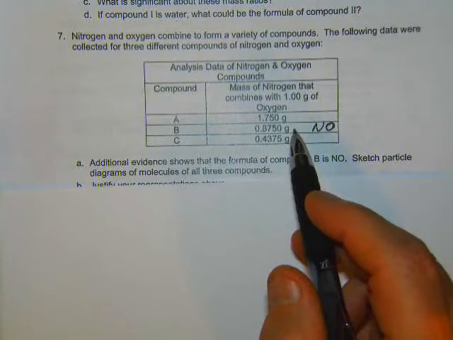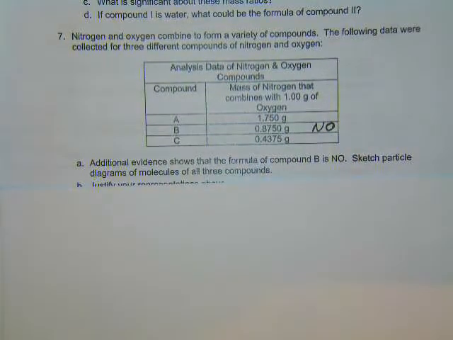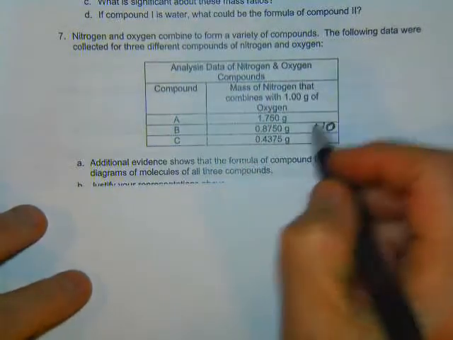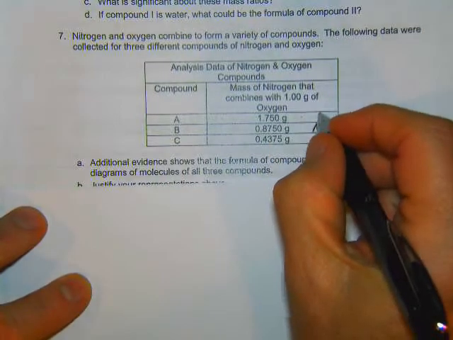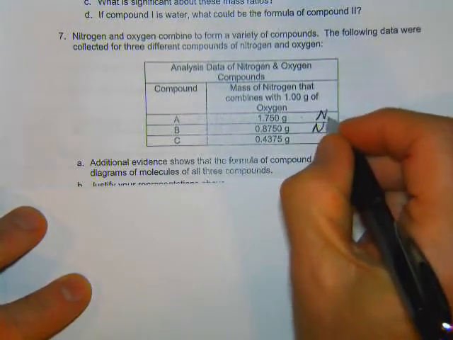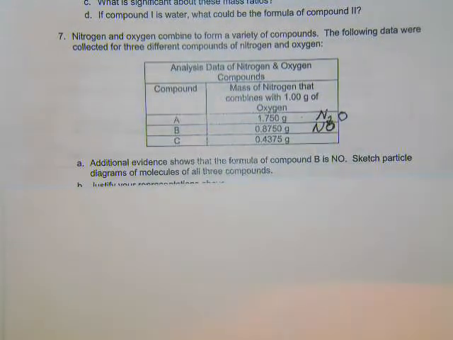So if this is NO and nitrogen's twice as much, this is going to be N2O, because we've got twice as much nitrogen. And again, we are looking at the nitrogen.